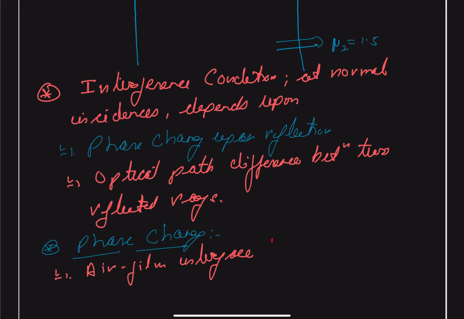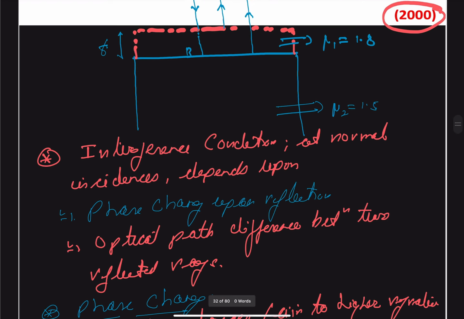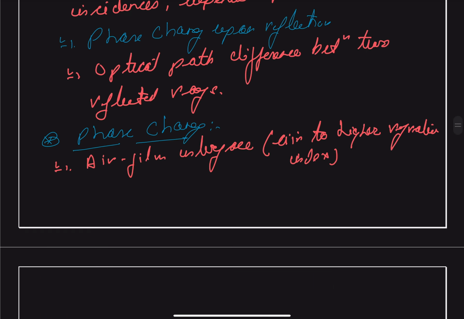So from here air to a higher refractive index, because air is 1 and mu1 is given as 1.8. Because of this there will be a phase shift of pi, or in terms of wavelength, a half wavelength.